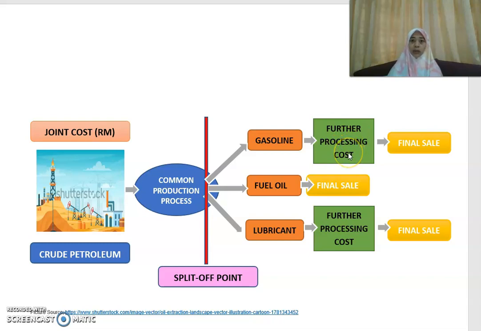Why do I use the term easy? Because you know exactly how much is the cost for each of these products. So what's the issue? The issue is that you have a common cost or joint cost, but you do not know how much for A, how much for B, and how much for C, or how much for each of your joint products. So you need to find some basis to allocate your joint cost.